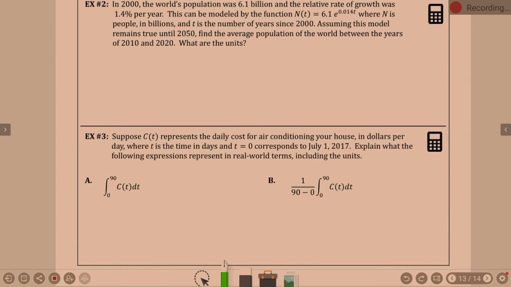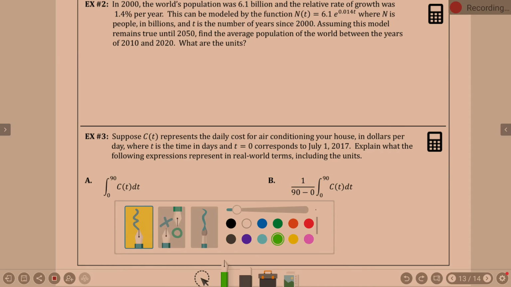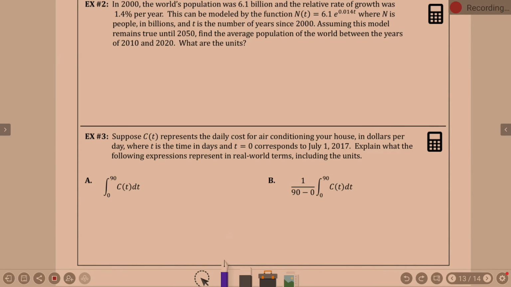Okay, thoughts? Not the thoughts I was looking for. Average. Okay. Peyton's keying in on this word here. It wants us to find the average population.